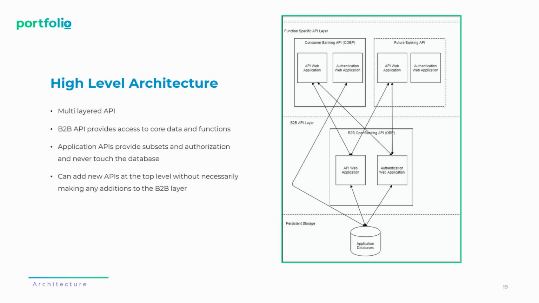So the top layer there that I've called the function-specific API layer is a set of APIs that are there to enable certain parts of the business. The one that we've built for this project is the consumer banking API. It's exposing a subset of the overall functionality, and it's performing authentication and authorization of consumer banking users, where a consumer would be you or me, accessing our banking information through a web app or through our mobile devices.